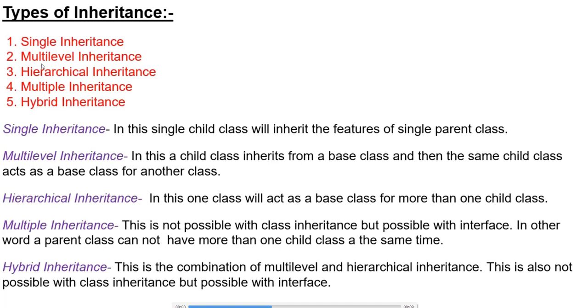Now the second type, multi-level inheritance. Multi-level inheritance means a child class inherits from a base class, and then the same child class acts as a base class for another class.